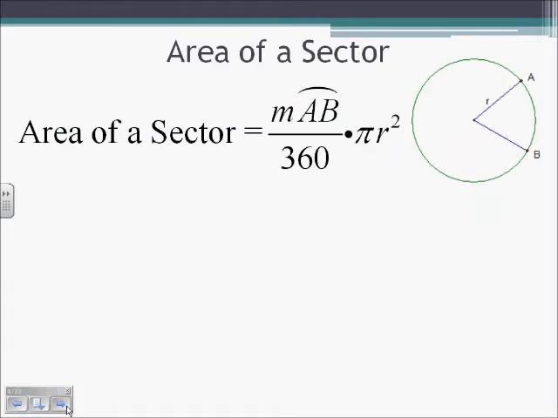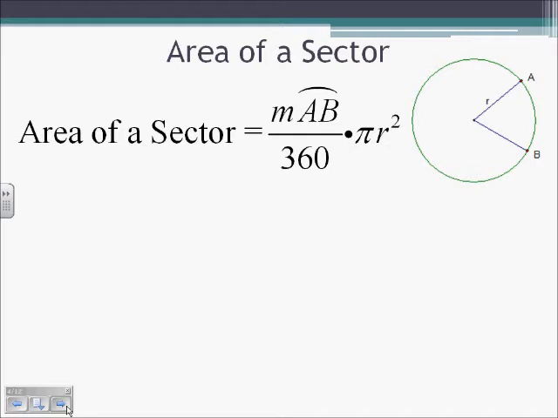Area of a sector is going to be equal to the measure of our arc divided by 360 times pi r squared. We should notice a correlation between this and the arc length formula. Arc length is the same thing except we're multiplying by 2 pi r because 2 pi r is the circumference. With arc length, we want to find the fraction of the circumference.